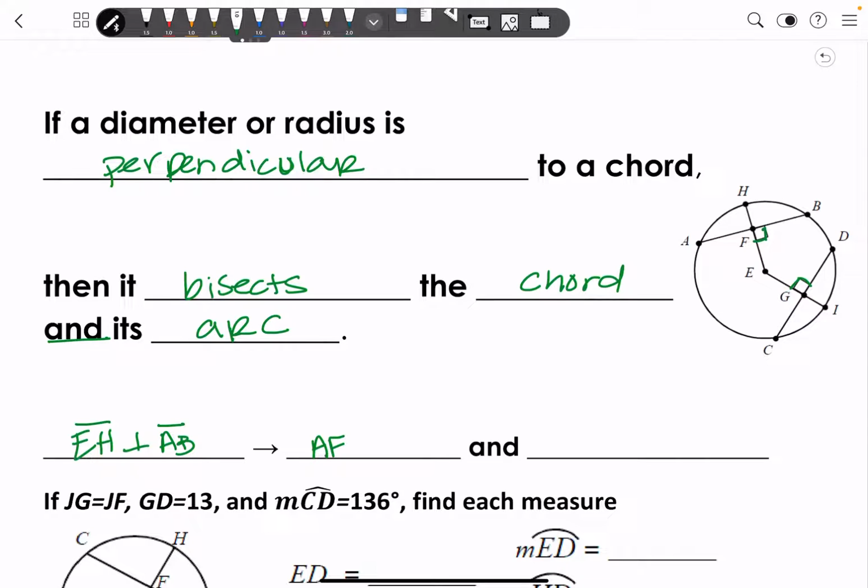It's going to say that AF is congruent to BF, right here. And it'll split the measure. But arc AH is going to be congruent to the arc of BH. Now that also works for the angles right there if you need them.